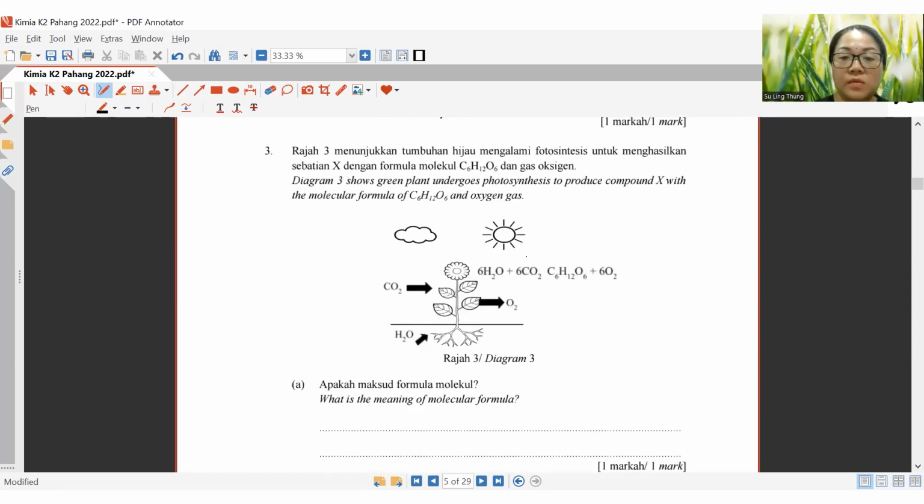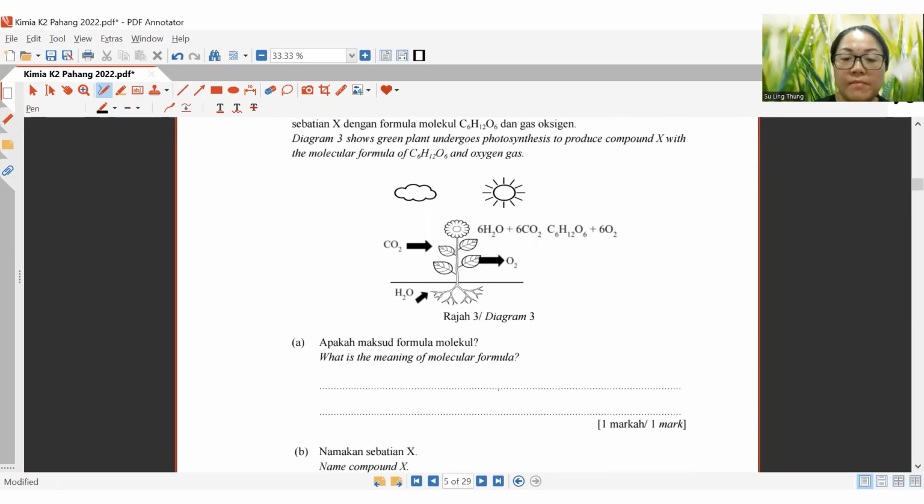Diagram 3 shows a green plant undergoing photosynthesis to produce compound X with the molecular formula of C6H12O6 and oxygen gas. What is the meaning of molecular formula? This is a definition which you should know.